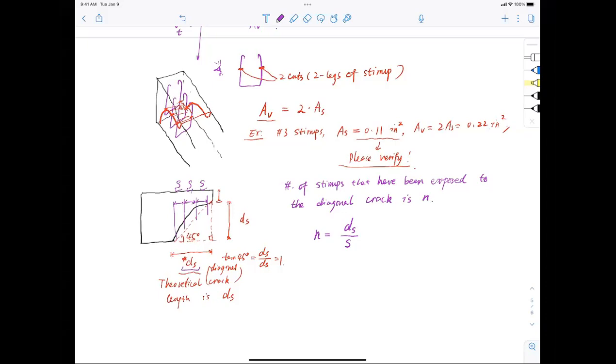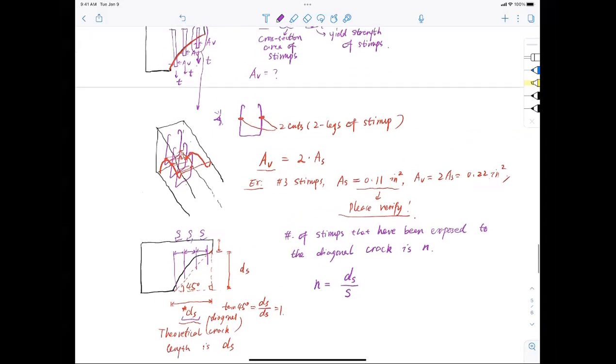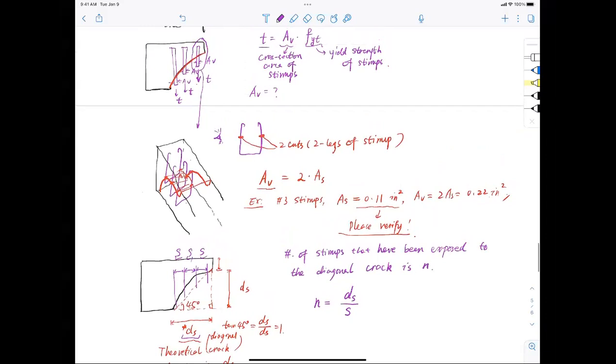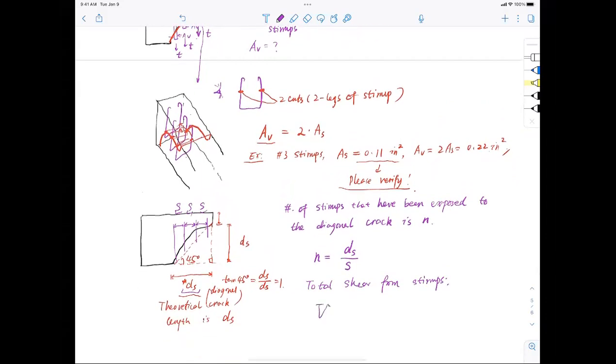Now, why is that so important? Because if I know that, my total shear resistance from the steel at the diagonal cut, the total shear from stirrups, is then Vs equal to N times T. T is the shear resistance from each stirrup, so that is equal to N, which is ds over S, multiplied by T, which is Av Fy.